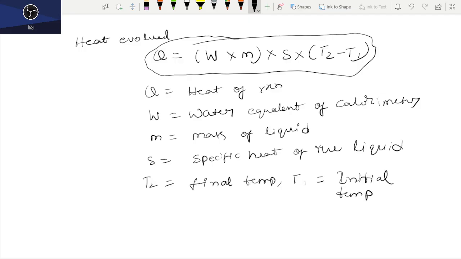The reaction enthalpy, standard enthalpy of reaction, I would like to discuss with you, right? What do you mean by reaction enthalpy? For heat evolved, we have a separate equation, right? Now, how is reaction enthalpy going to be checked?